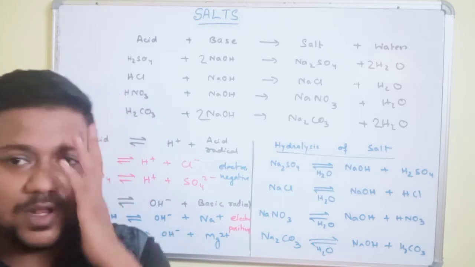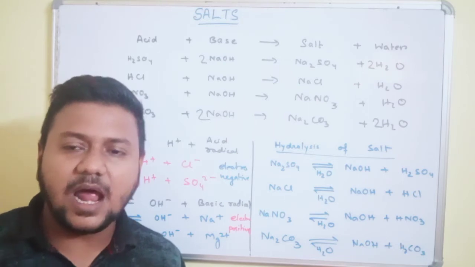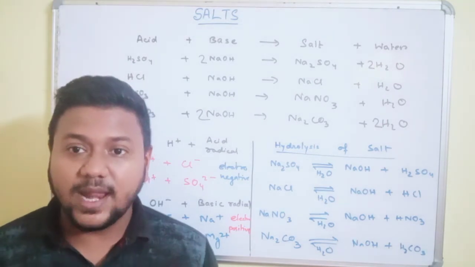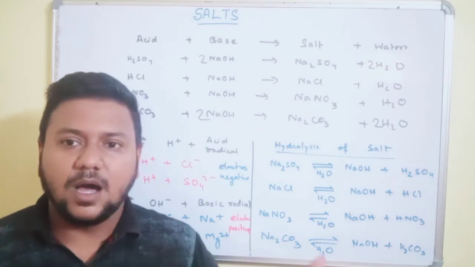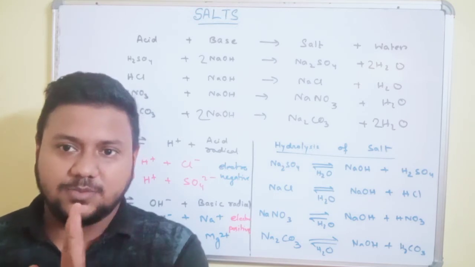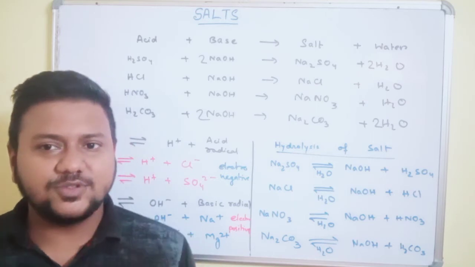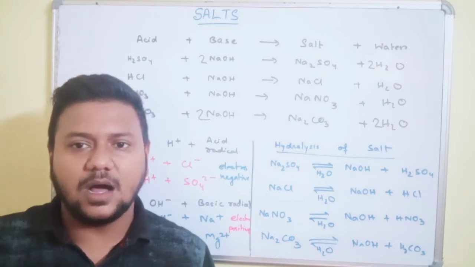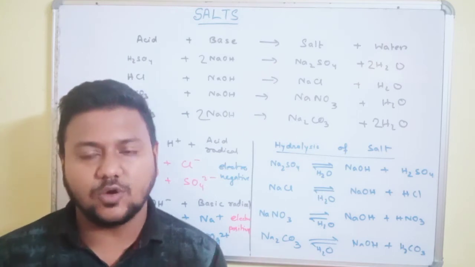Okay, now we will go forward to see that in salts also there are some salts that are neutral in character, that do not change the color of litmus, whereas there are some salts that behave as acidic, or turn blue litmus red, and there are some salts that turn red litmus blue, behaving as a base. We are going to discuss the next topic, the pH of several salts: how the acidic salts are obtained, how the basic salts are obtained, and how even the neutral salts are obtained.